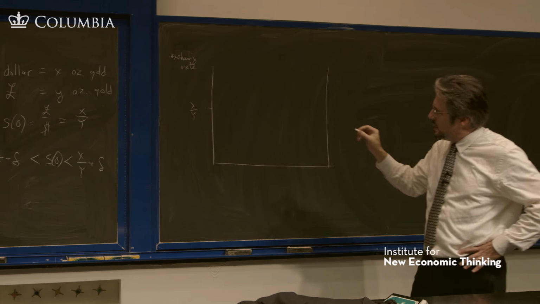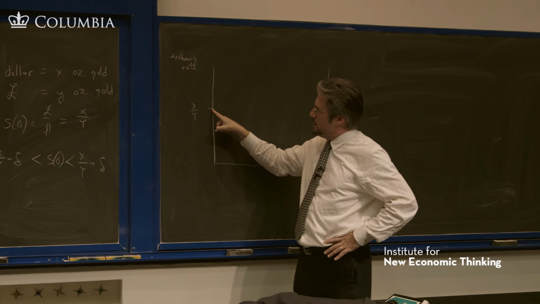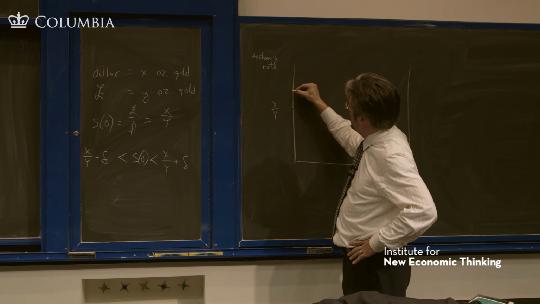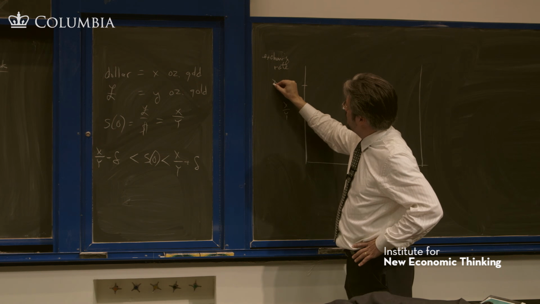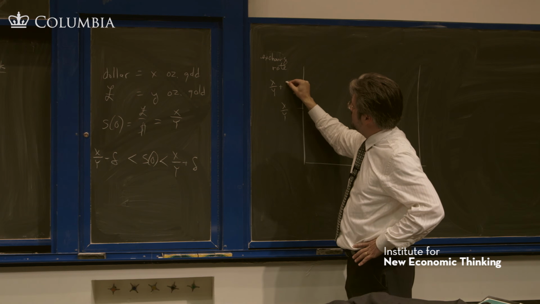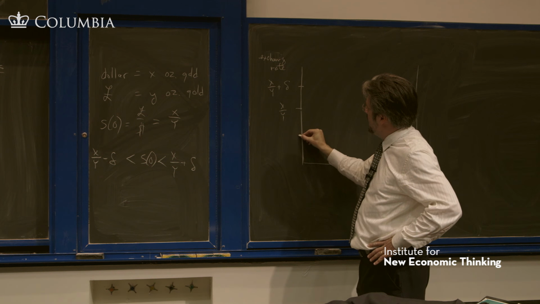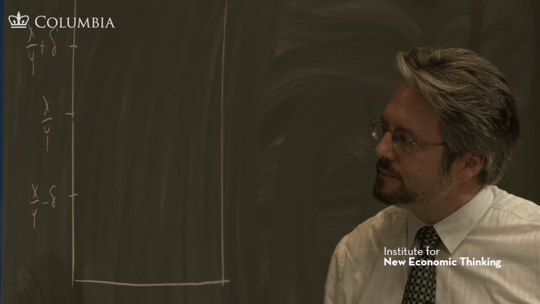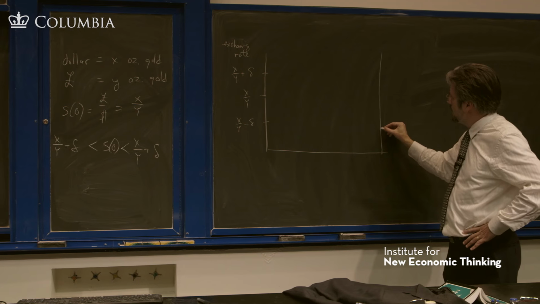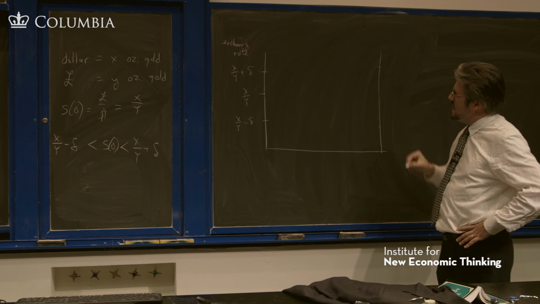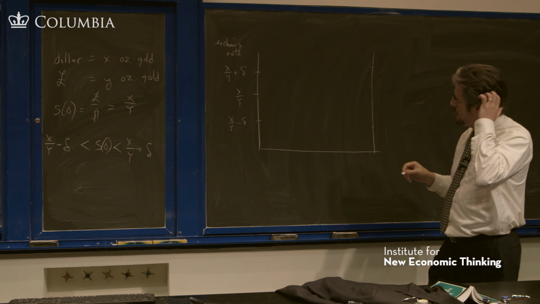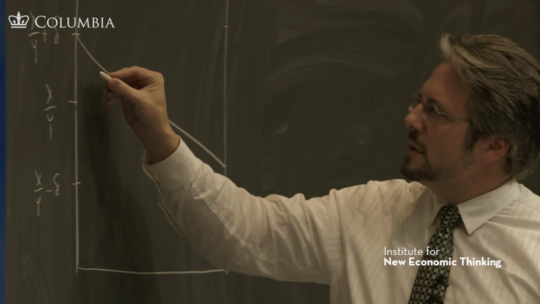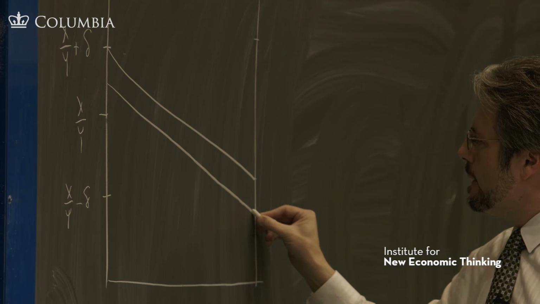And I'm putting the mint par ratio here, and saying that there's going to be a spread, X over Y plus delta up here, and here X over Y minus delta. And what I'm going to assert is that we can think of our dealer model like this.